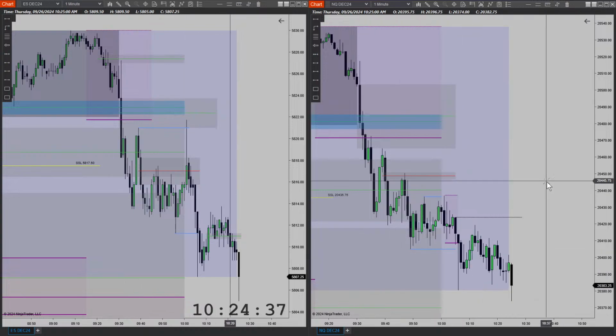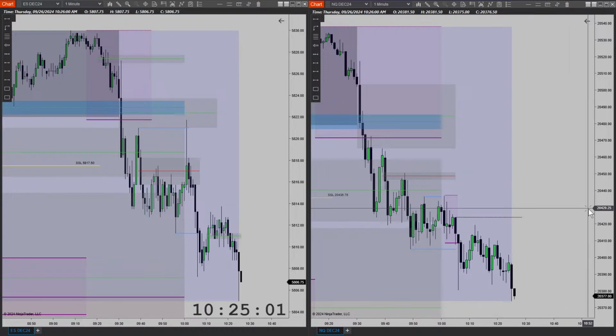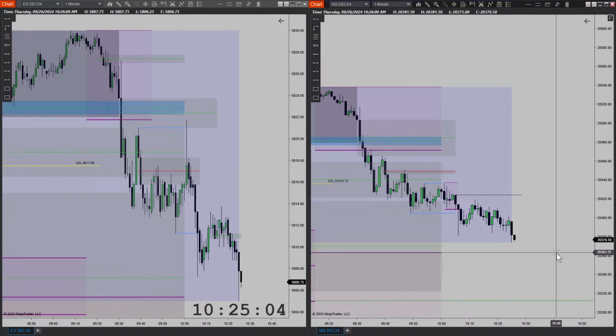Okay, so here's where I expect the reversal. Little lower. A little more. Come on, a little more.